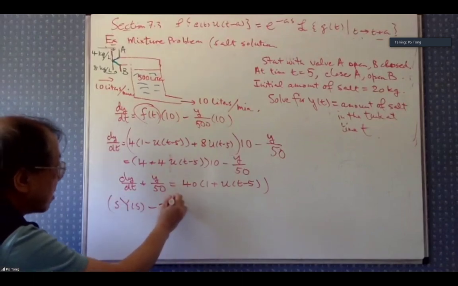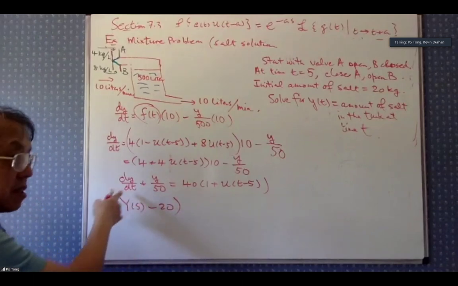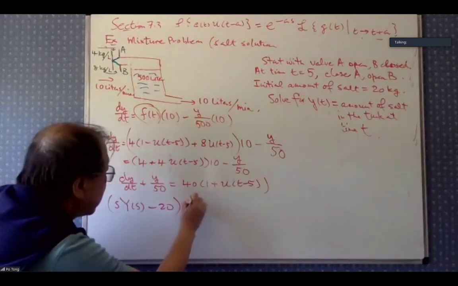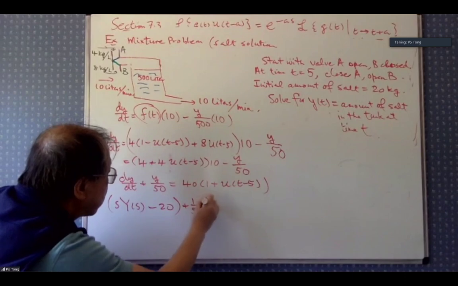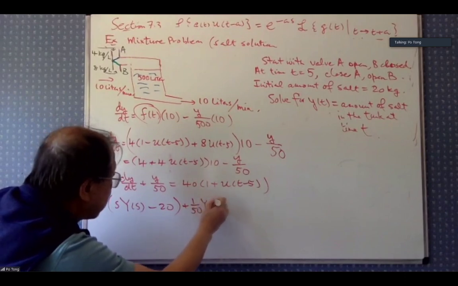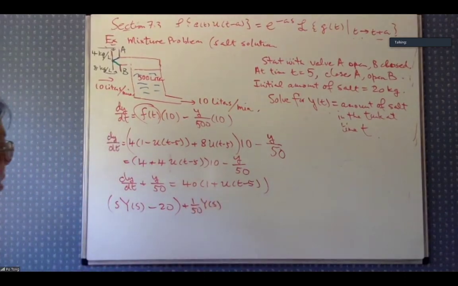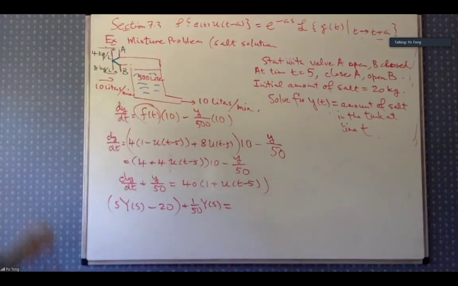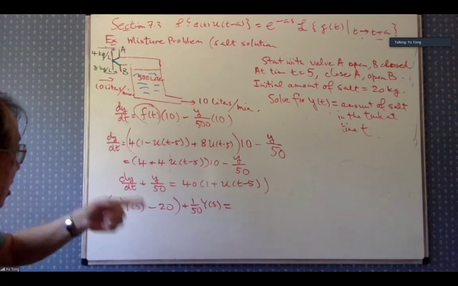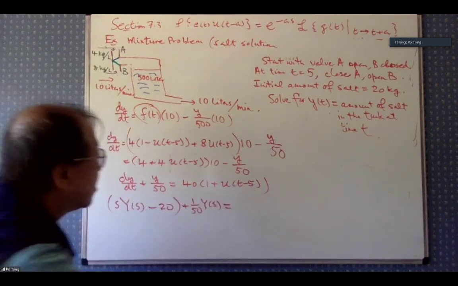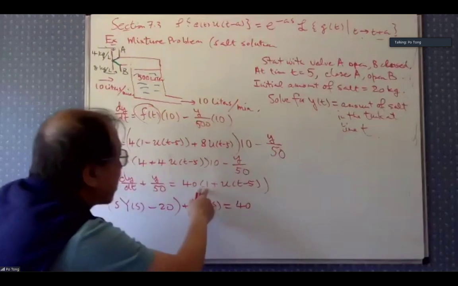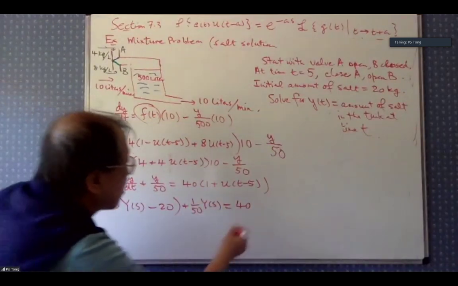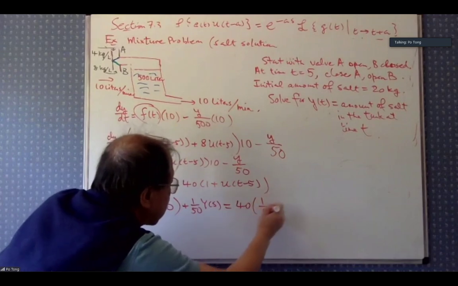You guys follow this? This is the Laplace transform of the first term, and the Laplace transform of the second term. It's equal to the Laplace transform of this. 40, what's the Laplace transform of 1? The Laplace transform of 1 is 1 over s.